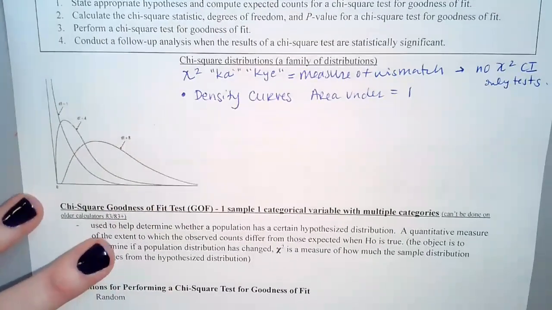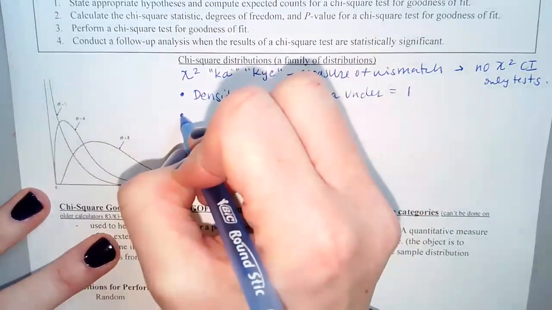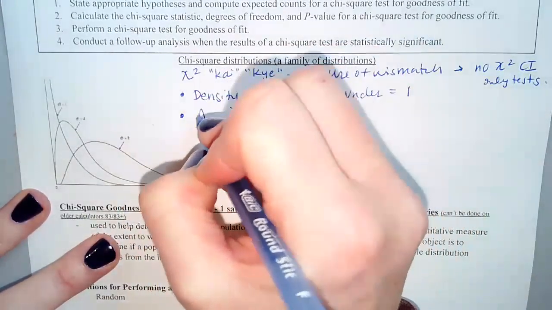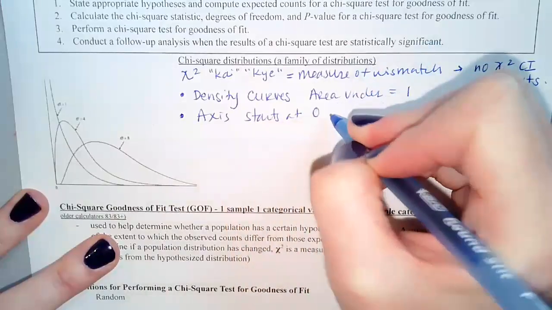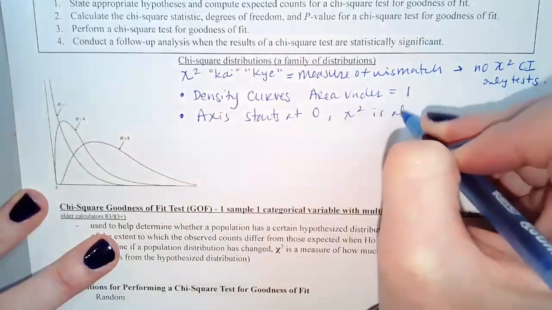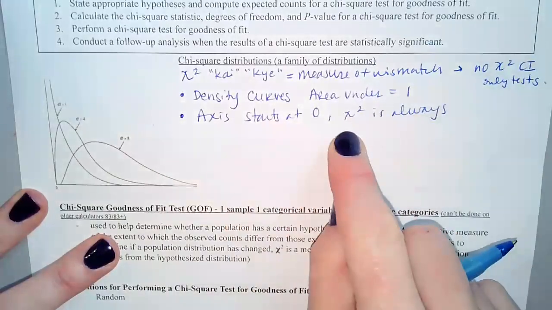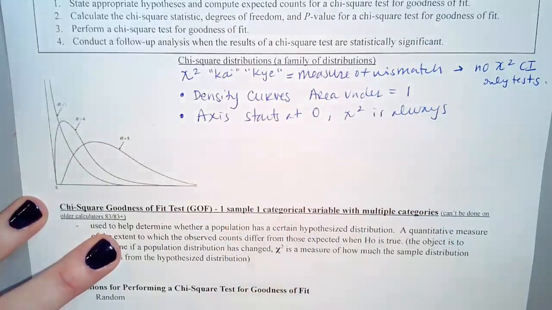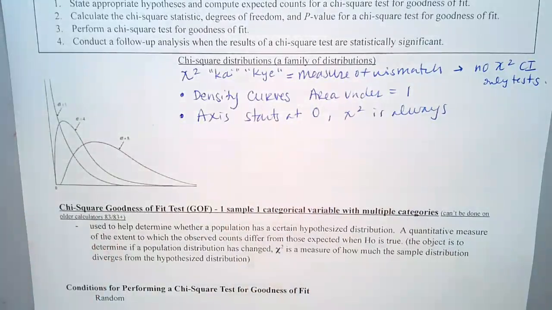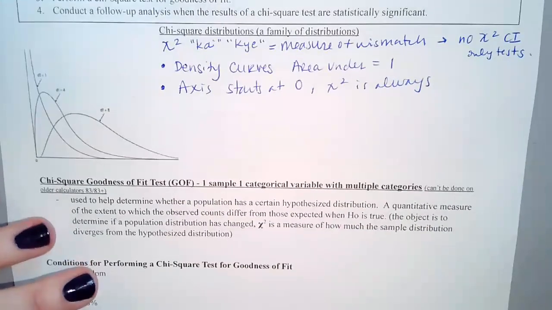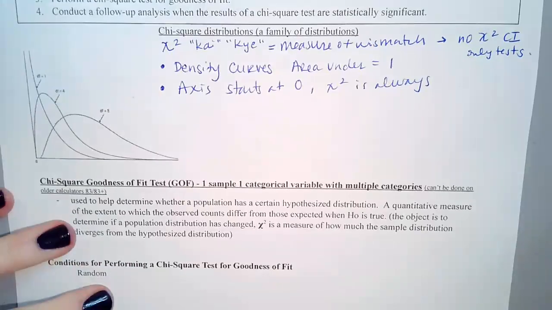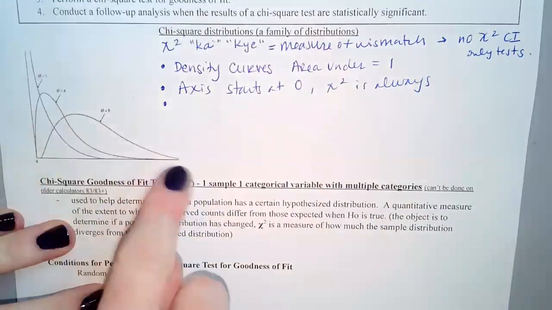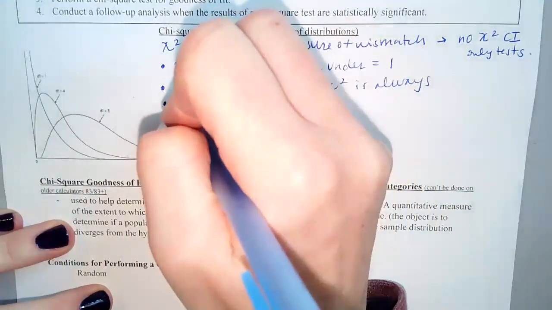Now what's different is that because chi-squared is being squared, the axis always starts at 0, and chi-squared is always positive because you're going to find chi and then square it. Sort of. You're going to find the value of chi-squared. So you'll see that there's a square involved in the calculation of chi-squared, and so the answer has to be positive.